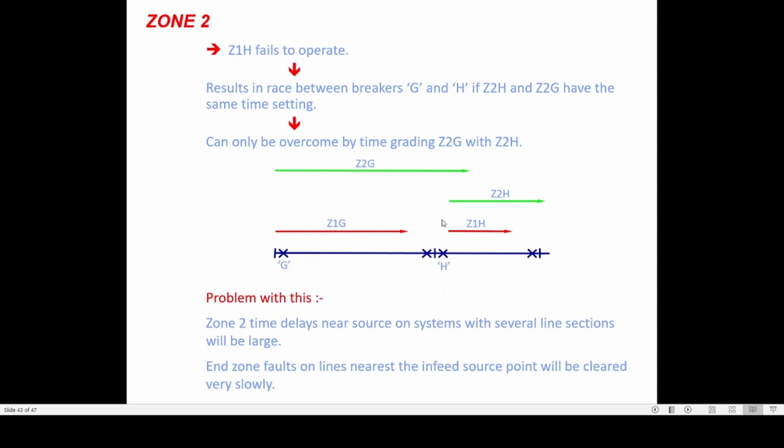Now, what happens? Zone 1 at H fails to operate, meaning either zone 1 fails to operate or the circuit breaker did not operate. Now, there is a race condition between zone 2G and zone 2H.